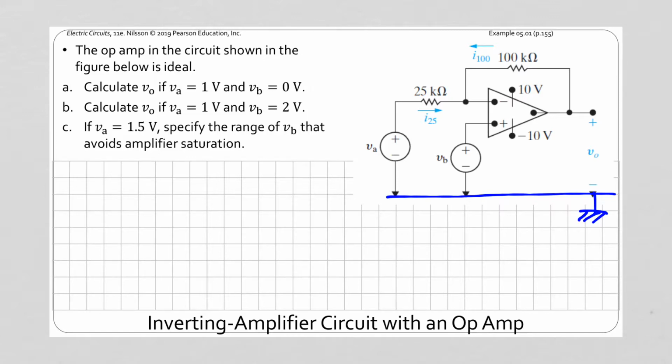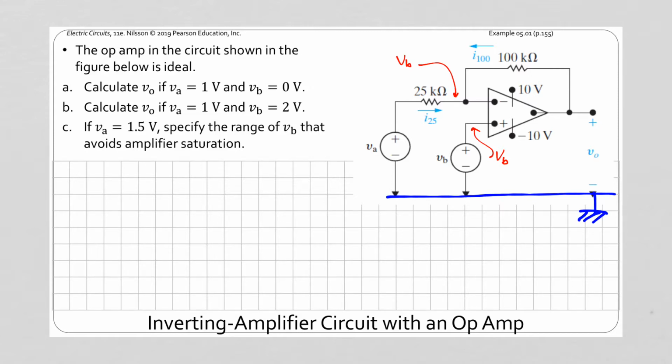And we're interested in what the output voltage is. We're being asked about the output voltage when we have various input voltages here. Now notice that if we call this ground, we have a voltage VB at this node. Since we are in the linear region, we know that this other node has to be VB as well, because the two input terminals of an op-amp in the linear region are going to have the same voltage.